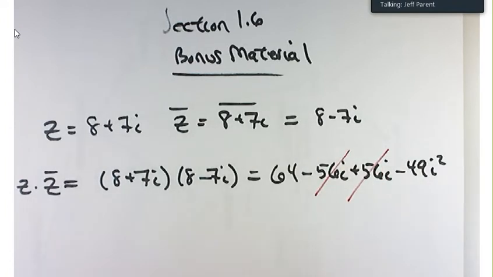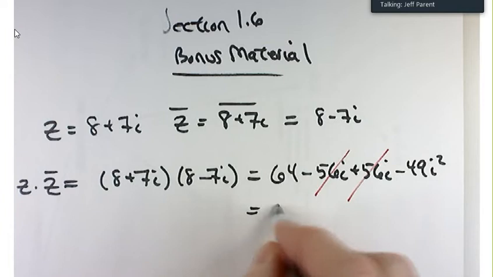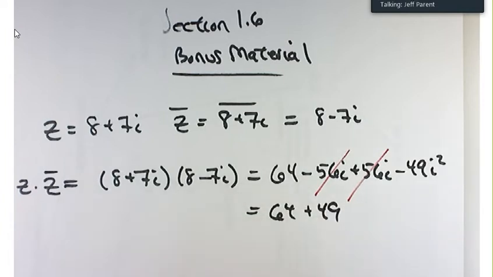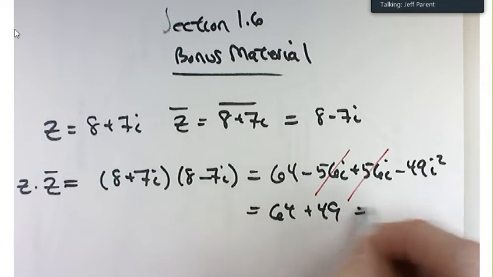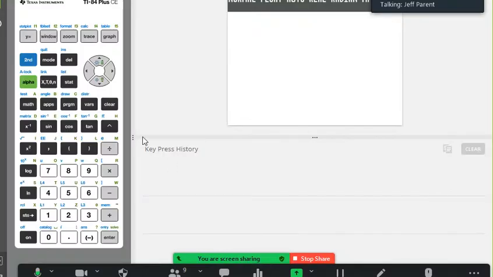Both of those cancel each other out. And what happens here? Minus 49i squared becomes plus 49. So overall, 113.